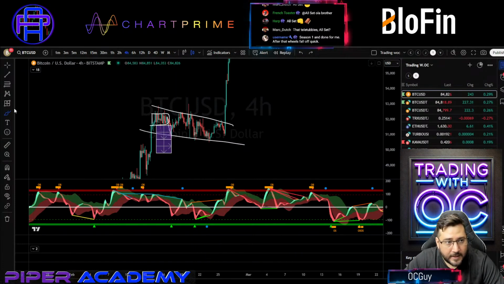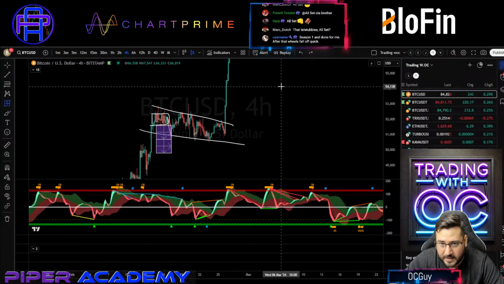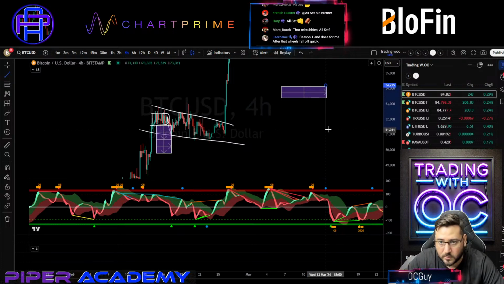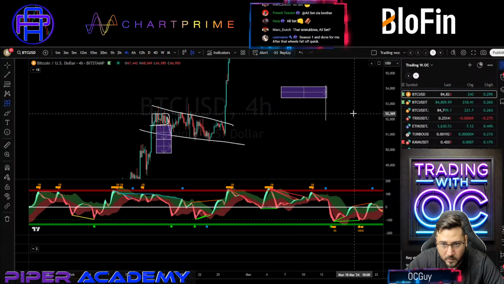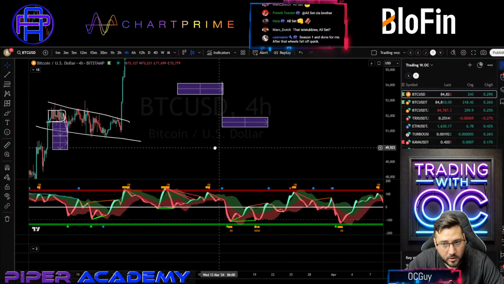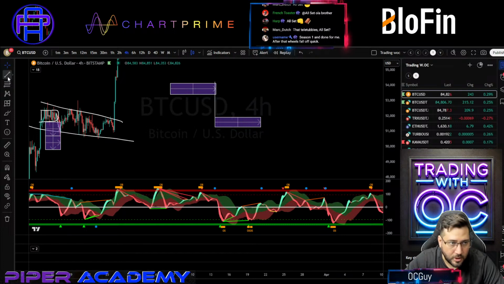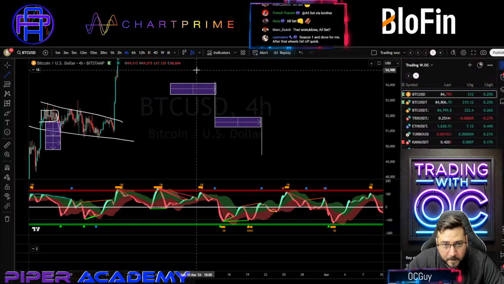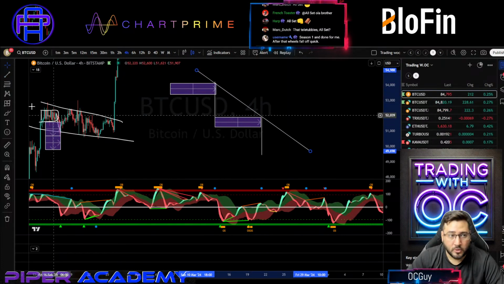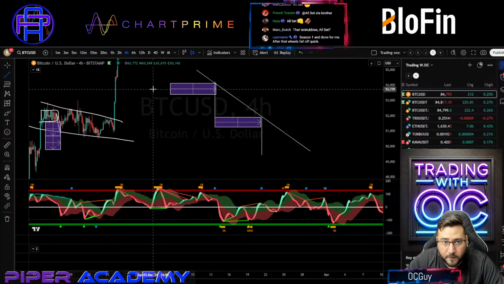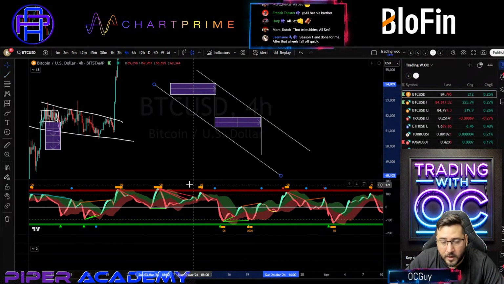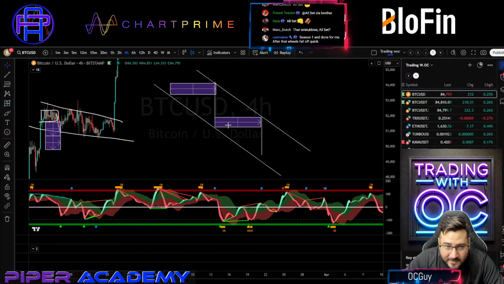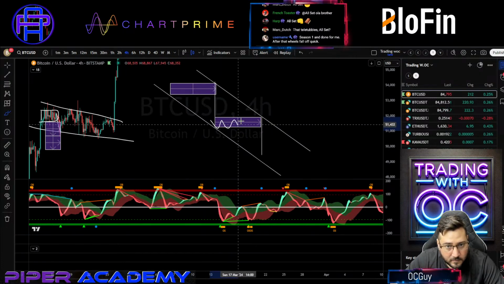Because that gives me a data set like this: range, and of course this is just symmetrical, drop, range, drop, range, drop, right? So on and so forth. That gives me the basis to draw a trend line for a bearish scenario, a trend line or a channel. You see? So if you want to slightly tilt this, be my guest, right?